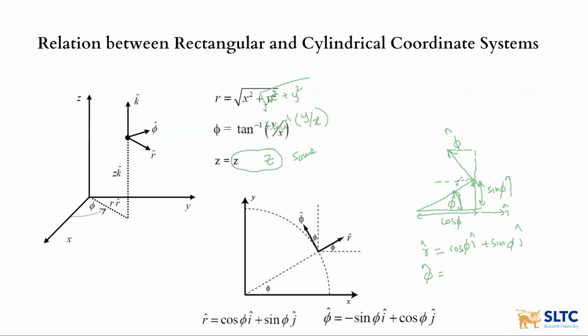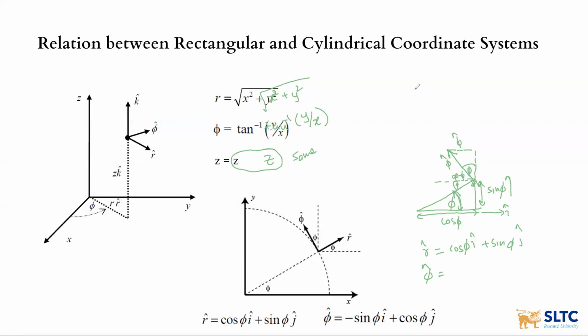This is phi, and this is 90 minus phi, and this is phi. This angle is phi. So whatever this distance is that we can define, since this magnitude is phi hat, sine phi.